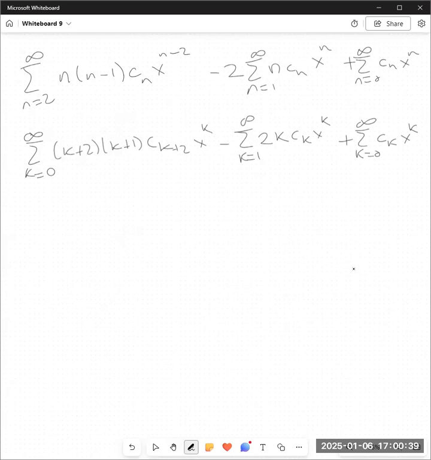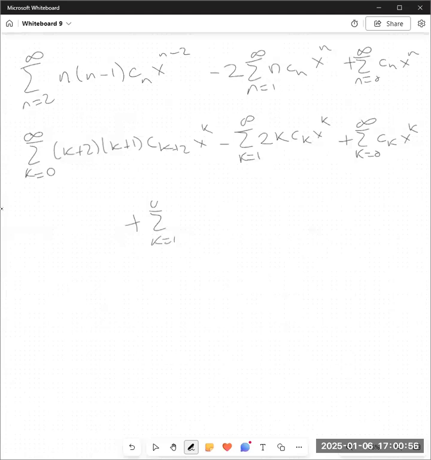Now, this is starting at 0, this is starting at 0, this is starting at 1, so I've got to bring everything up to 1 here. K equals 1. Let's write this over here.